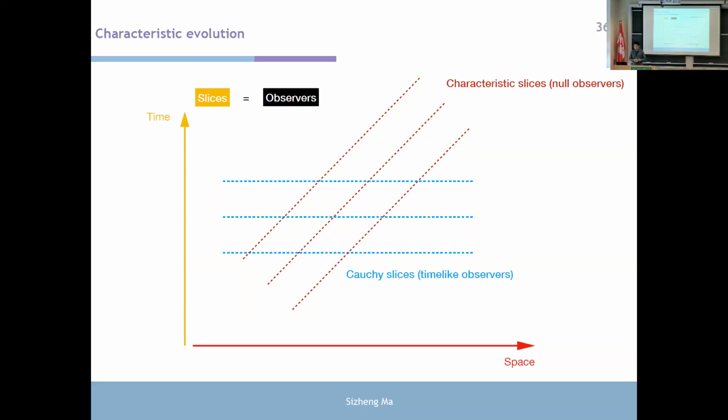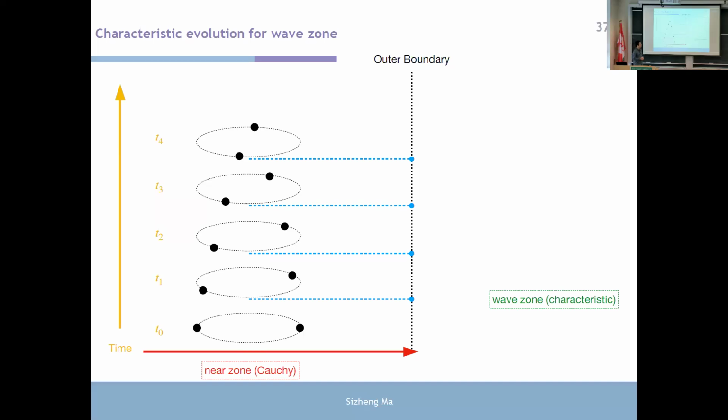So here, as you can imagine, this is more suitable for radiation propagation. Those observers are organized by those null slices, and the simulation marches toward this direction. By using those null slices, one can rewrite the Einstein field equations using a bounded X coordinate system, which brings us to the so-called characteristic formulation, which we can use to handle the dynamics in the wave zone.